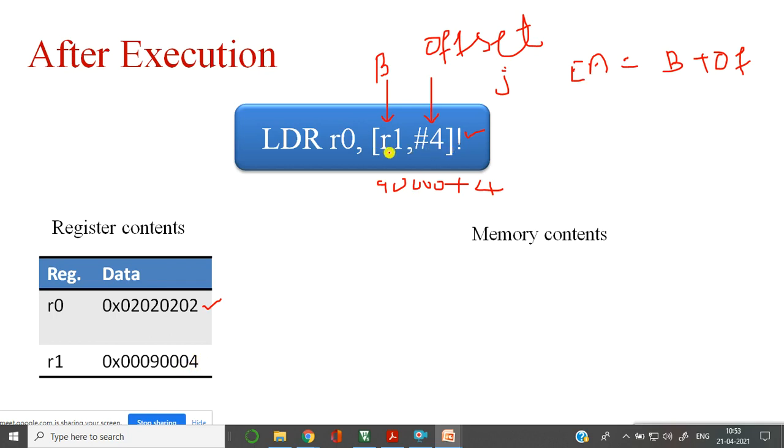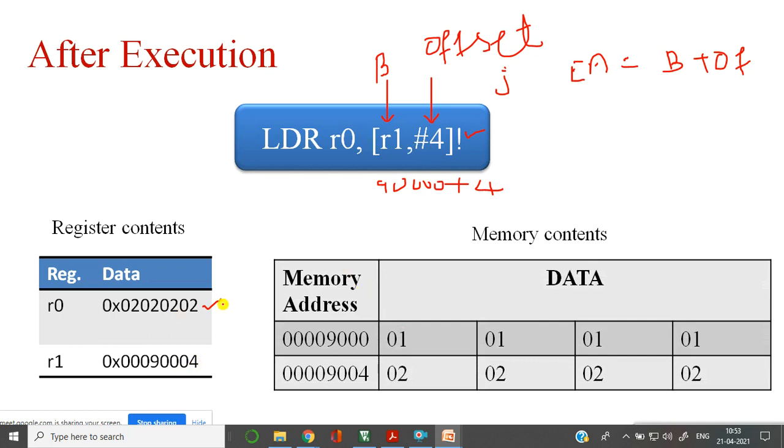Hence the base address gets modified, and R0 fetches the contents that are present in 9004. So this is what we call pre-indexing with write back.